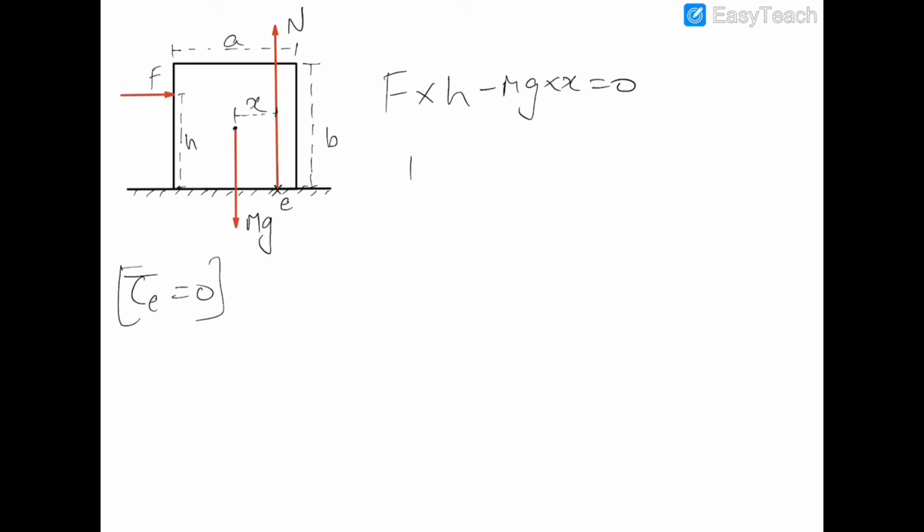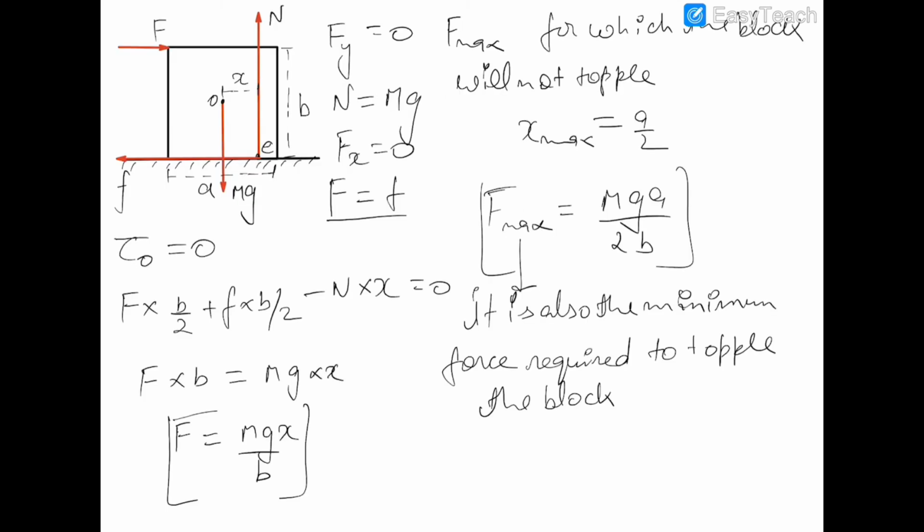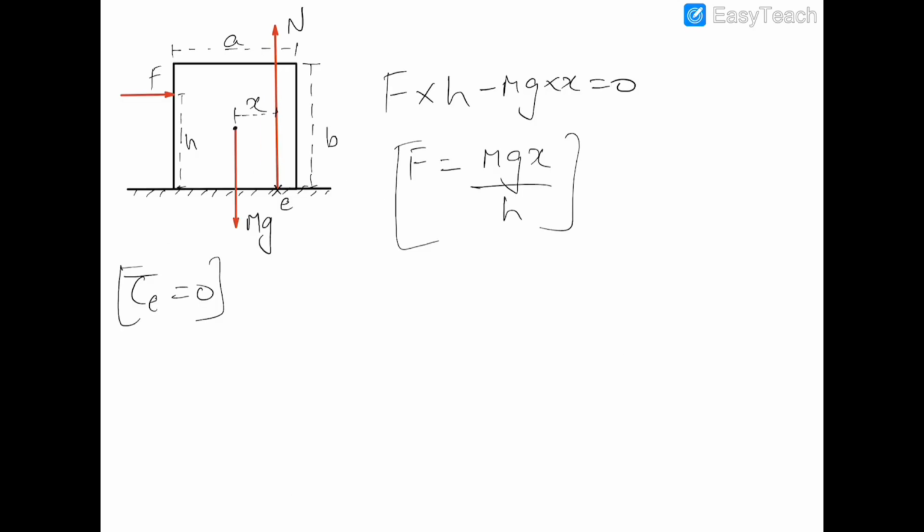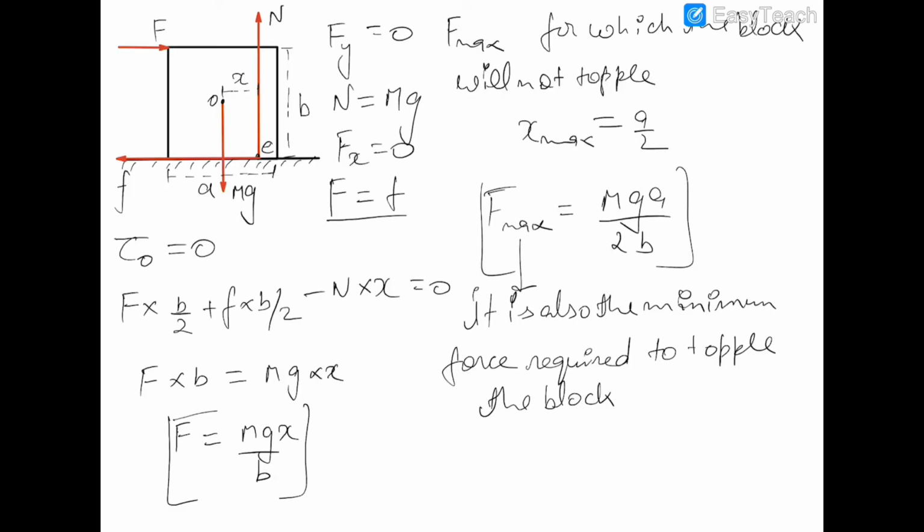So this F is equal to mgx by h, and in the previous example I have taken this height h to be b. So if h is equal to b, then F is equal to mgx upon b. So we have already calculated this value of F.